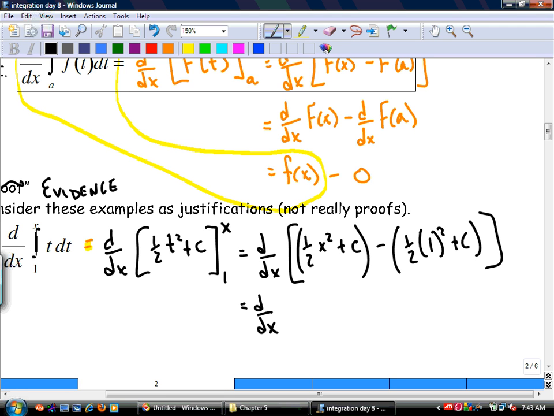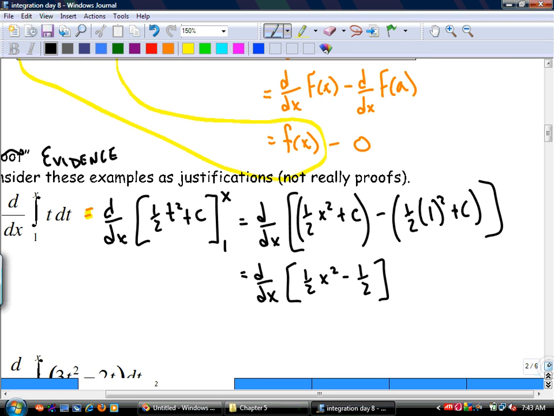What happens to the c's? Good. 1/2 x squared minus 1/2 times 1 squared. Okay, what's the derivative of 1/2 x squared? x. What's the derivative of 1/2? 0.